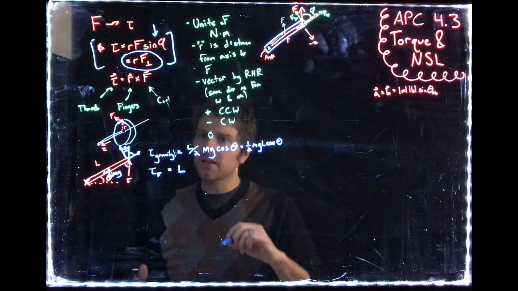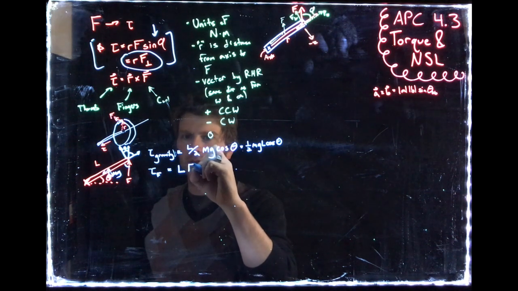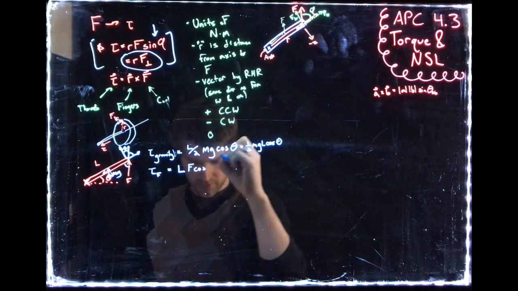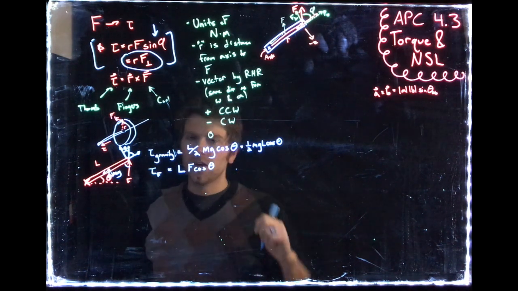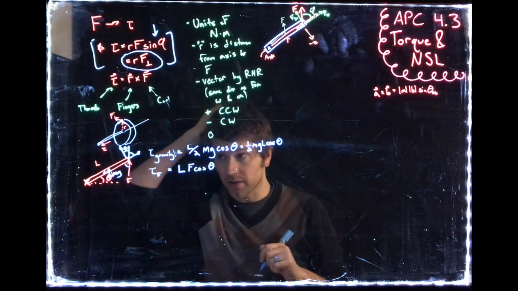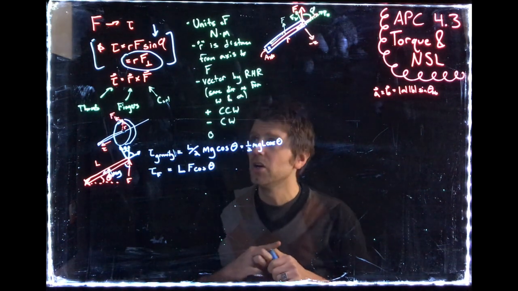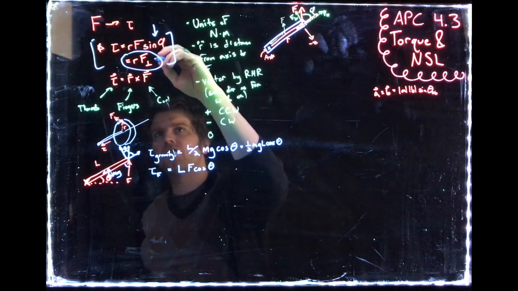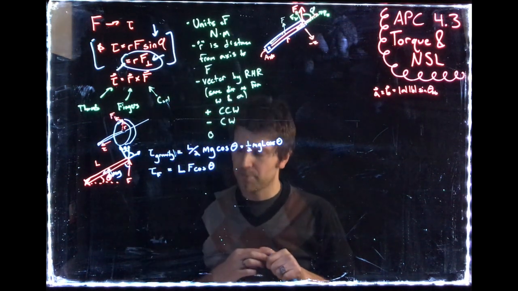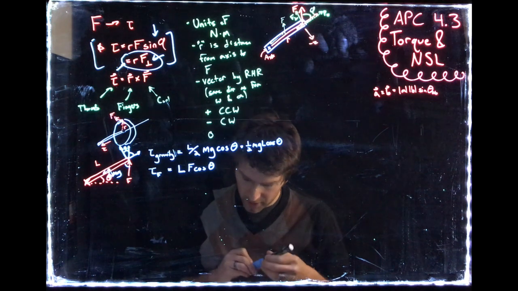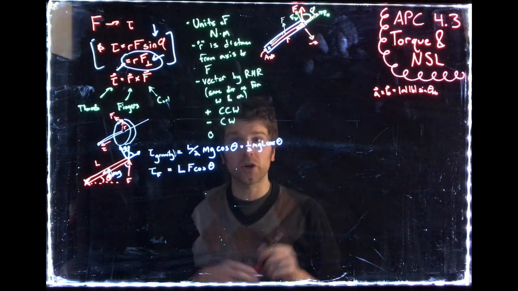So in this case, it's L times F cosine theta. So sometimes you'll get a sine, sometimes you'll get a cosine. If you focus on just making sure you get the component of force perpendicular to the radius, you will be in good stead. Here's the question, what do torques do?